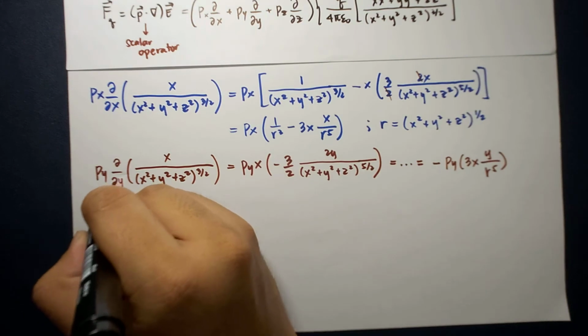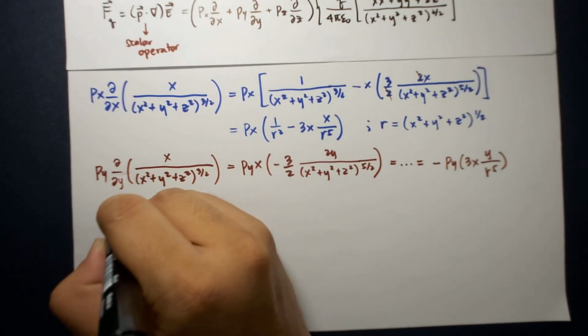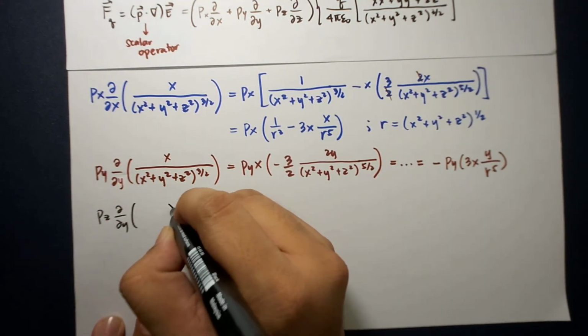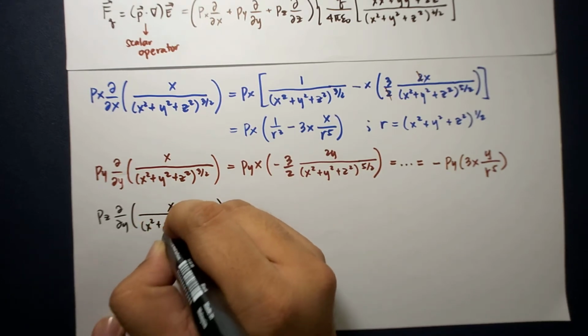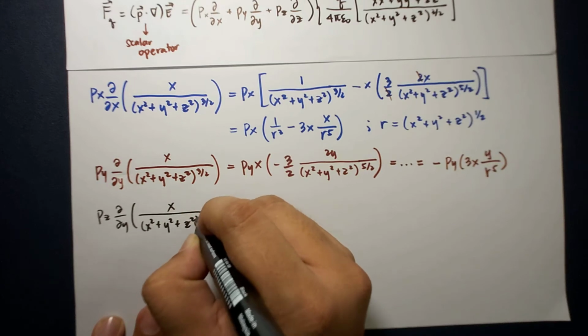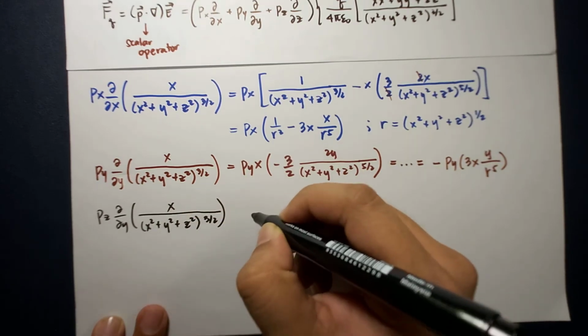That's pz times the derivative with respect to z of x divided by x squared plus y squared plus z squared to the 3/2.